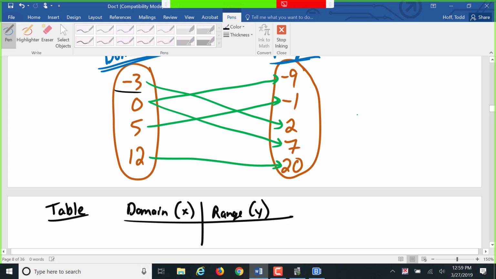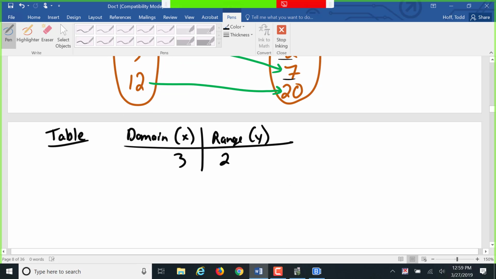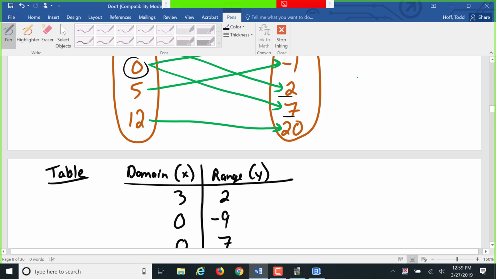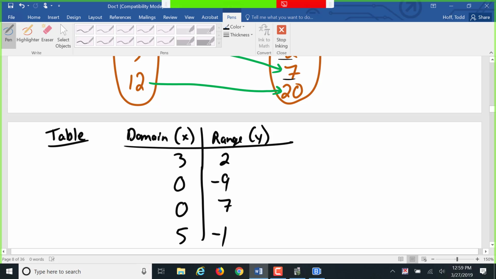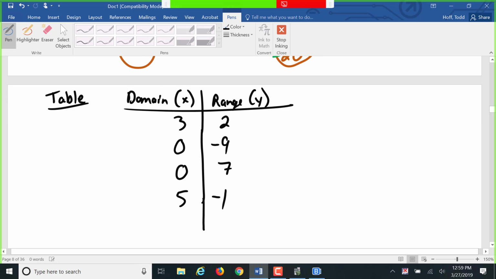And this says negative 3 becomes 2. 0 becomes negative 9 or 7. So we'd have to have 2 entries in here for that. 0, negative 9, and 0, 7. 5 becomes negative 1. And 12 becomes 20. Yes, I just randomly picked numbers and threw them in. So that is a second way we could have expressed that relation.